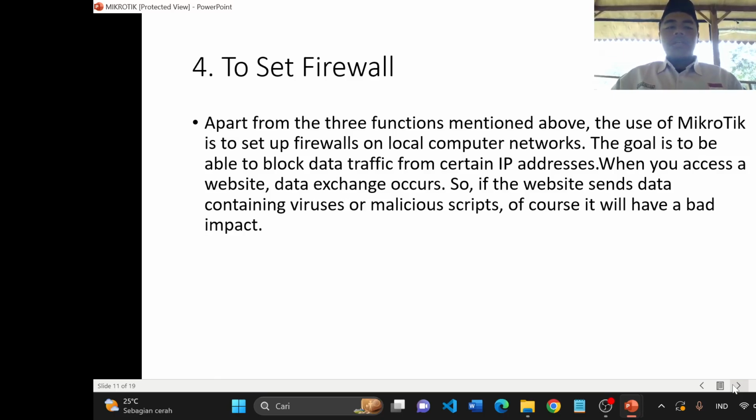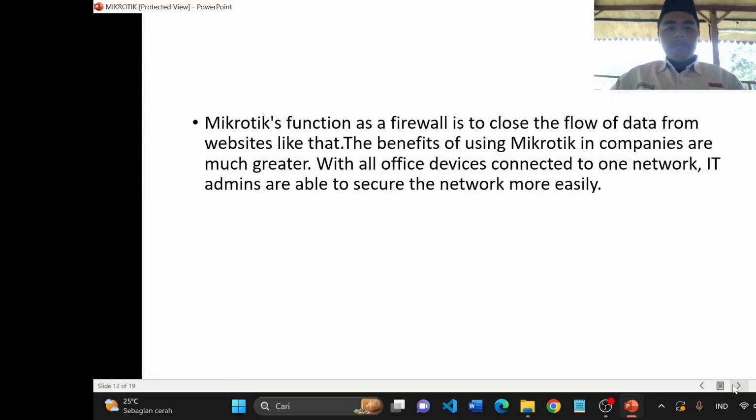When you access a website, data exchange occurs. So if the website sends data containing viruses or malicious scripts, of course, it will have a bad impact. Mikrotik's function as a firewall is to close the flow of data from websites like that.